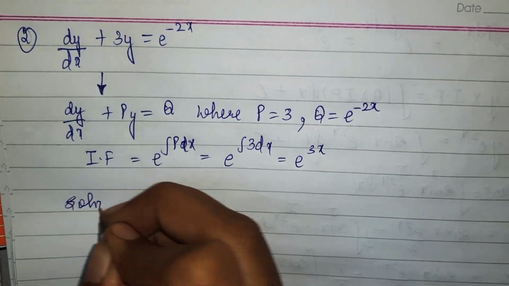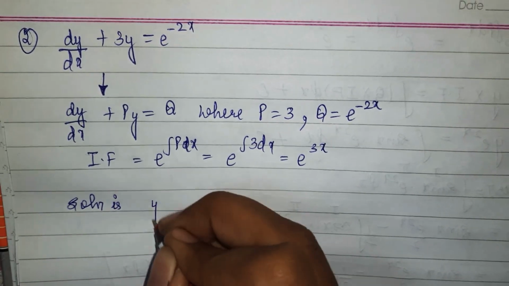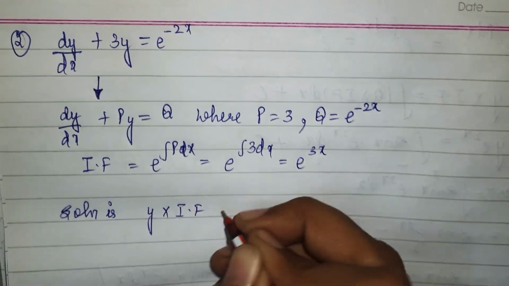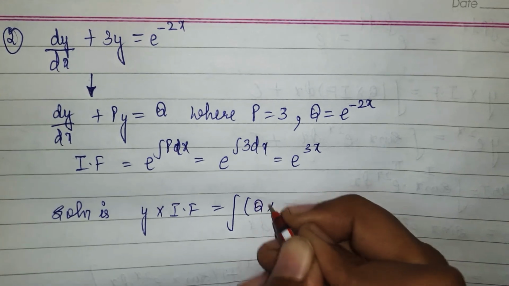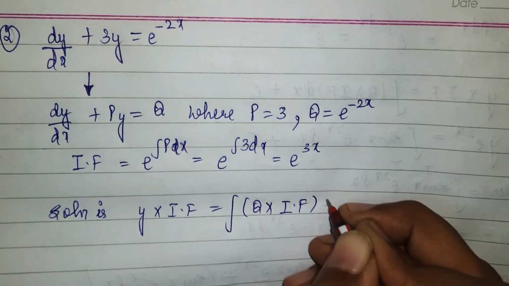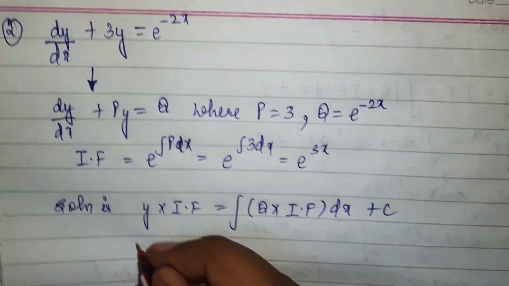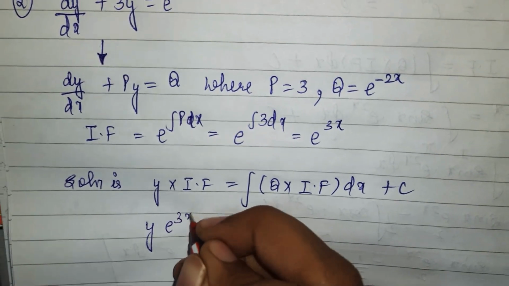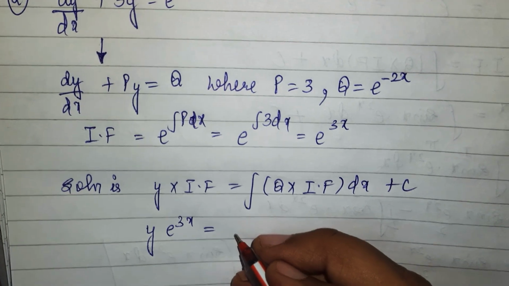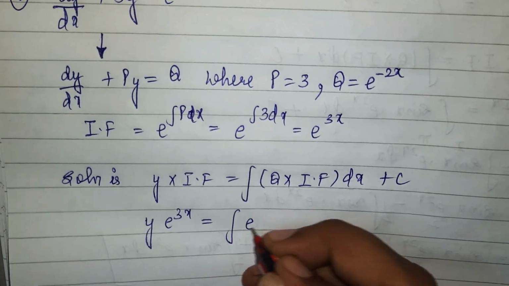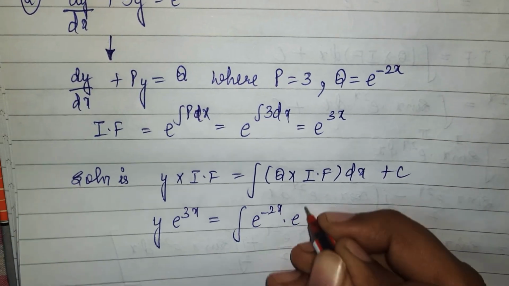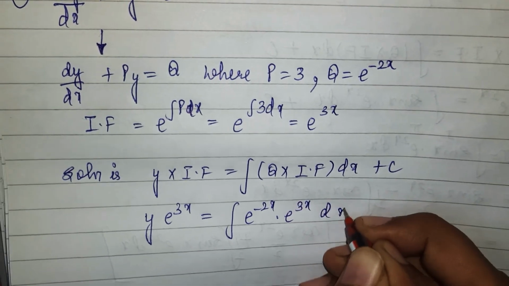Solution: y into integrating factor equals integral of q into integrating factor dx plus c. So y will remain the same, e raised to the power 3x, and q is e raised to the power minus 2x into e raised to the power 3x dx plus c.